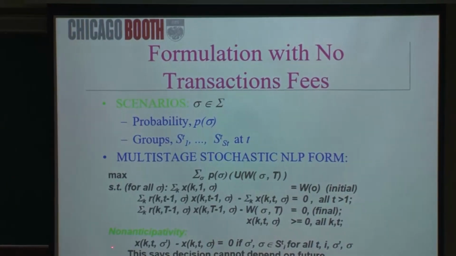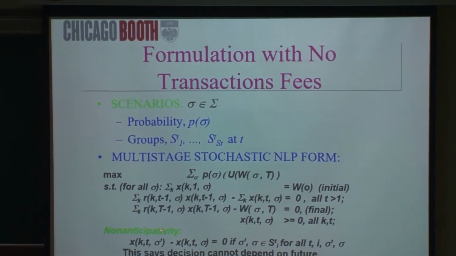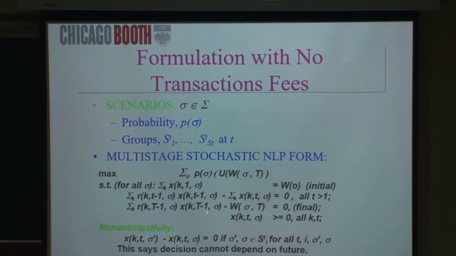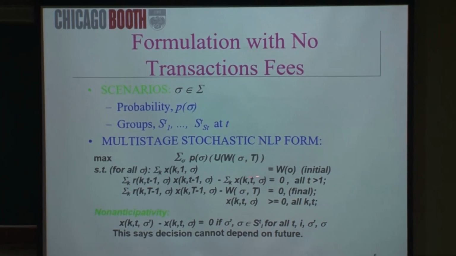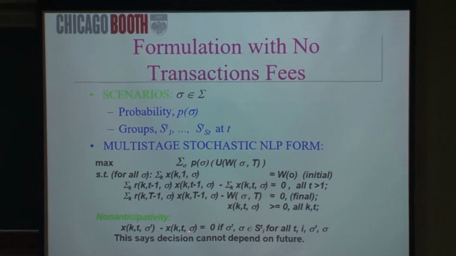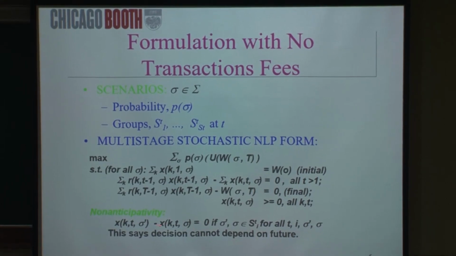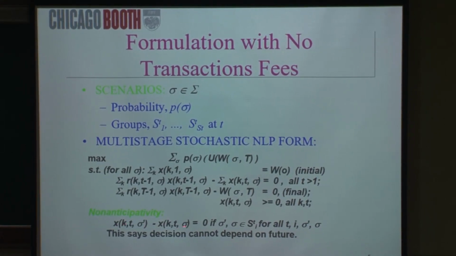So what I've done is I separated it out for each of those sample paths, but then I have a constraint, and the constraint says if two scenarios, sigma prime and sigma, are in the same group, in other words, if they have the same information at time t, then they have to have the same investments.